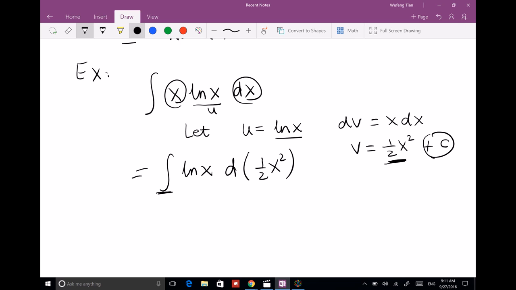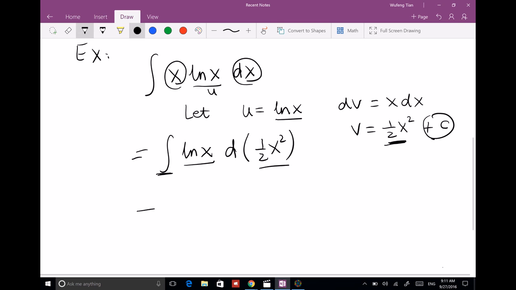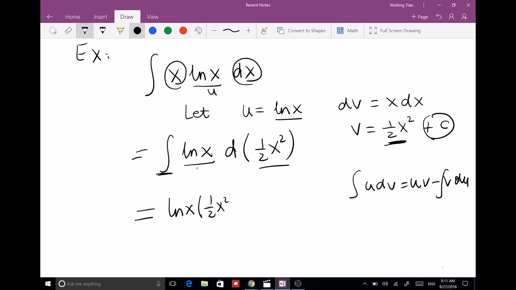Okay. So u is ln x. v is half of x squared. Now I use the formula: the integral of u dv equals uv minus the integral of v du. Alright, so this is u, so it's ln x times half x squared. These two you cannot combine together because this is a ln function, this is a polynomial function.